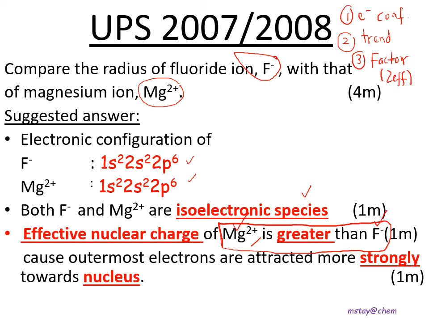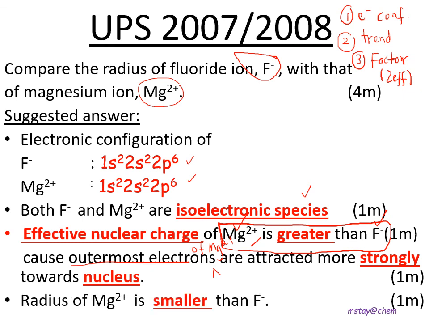This will cause the outermost electrons of Mg2 plus to be attracted more strongly to the nucleus. Because they are attracted more strongly to the nucleus, we can conclude that Mg2 plus has a smaller size or smaller radius than F negative.